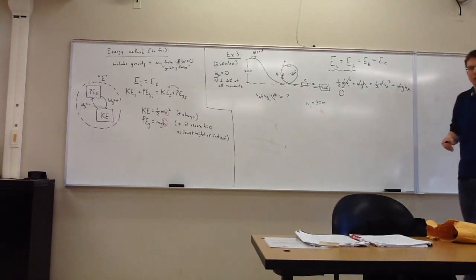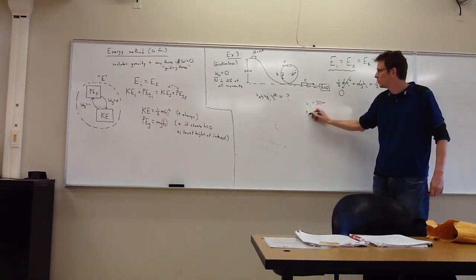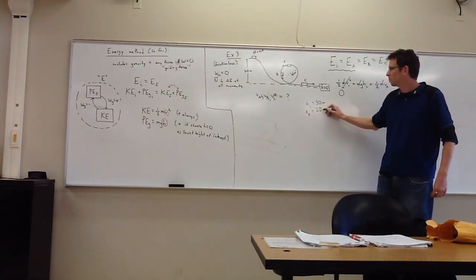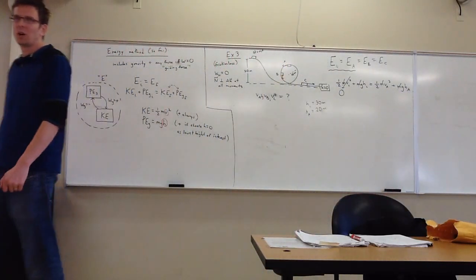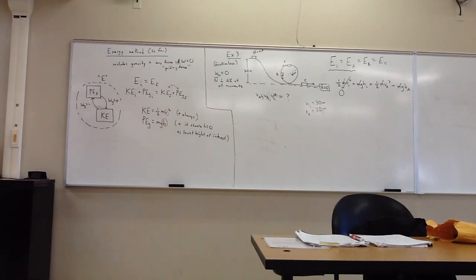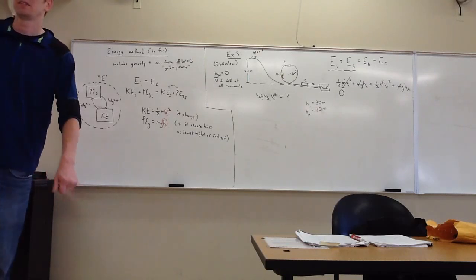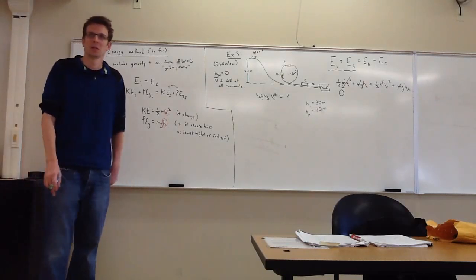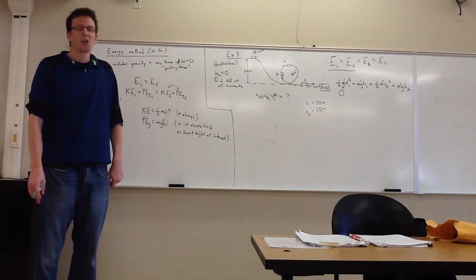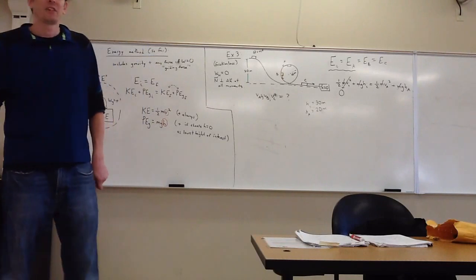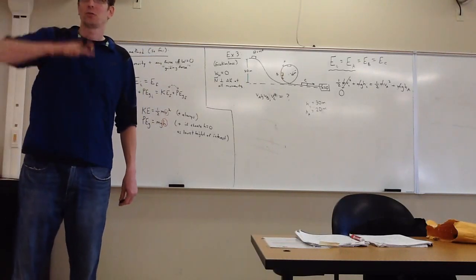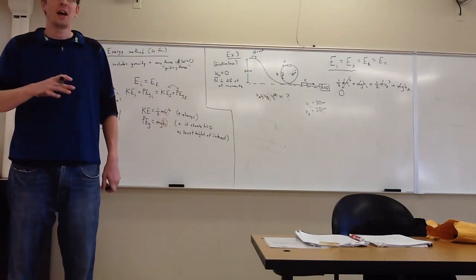What's the height at point A? 20 meters, right? You're at the top of the loop-de-loop, so you're one diameter of the loop-de-loop above the ground. If the radius is 10 meters, the diameter is 20, right? So I haven't given up all my gravitational potential energy yet, but I have given up some. If I've gone from 30 to 20 meters, there's some energy now not in potential.